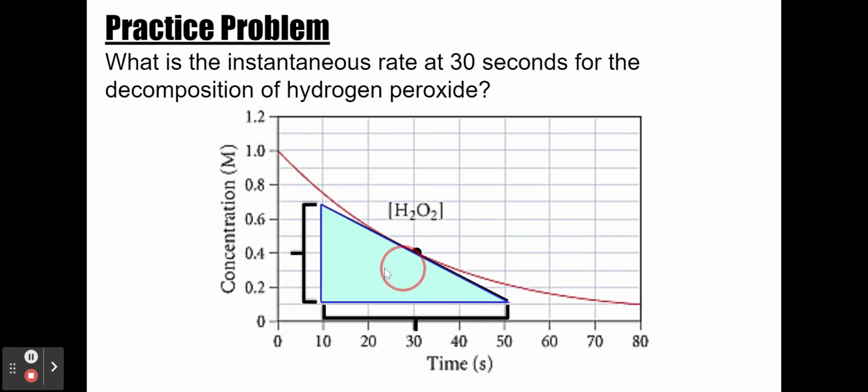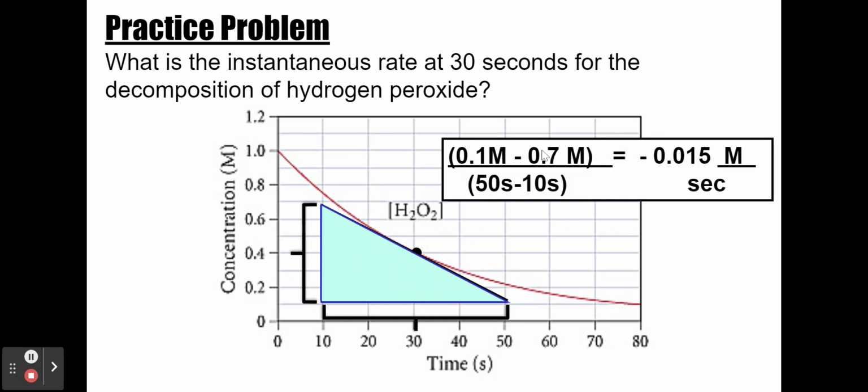And so now we can do our rise over run. So we put the rise, which is concentration. That's our y-axis. Remember, rise over run. And so we got our 0.1 molar minus 0.7 molar gives us a negative 0.6 molar.